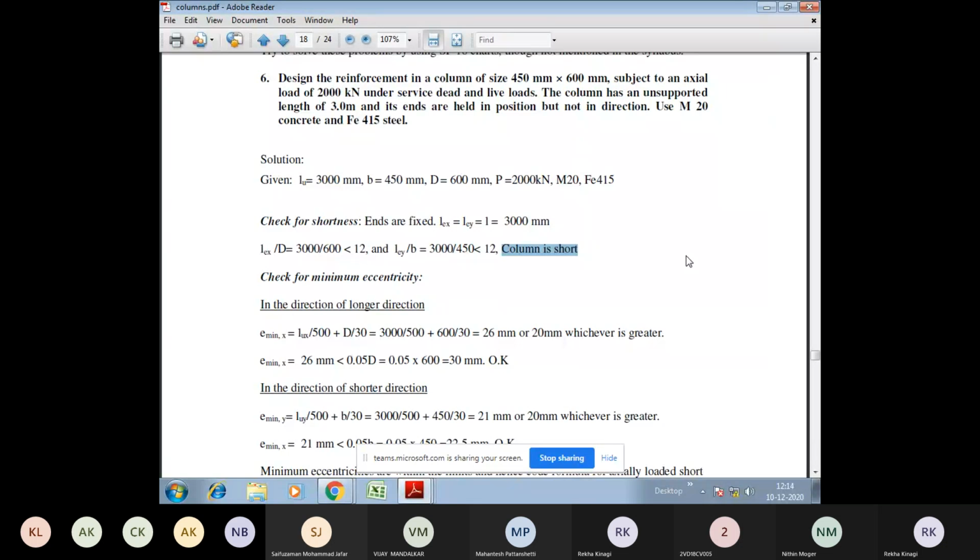Once we are done with the check for shortness, the next thing is to check for the minimum eccentricity. In order to check for the minimum eccentricity, we use this equation. e minimum is equal to, in the x direction, Lex divided by 500 plus D divided by 30. Substituting the values, we get 26 mm. And we need to compare 26 mm and 20 mm. Out of these two values, 26 mm is greater.